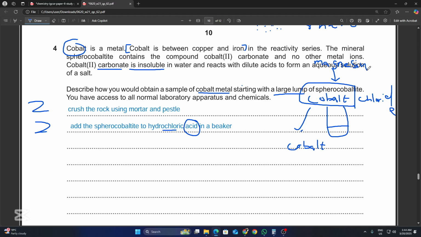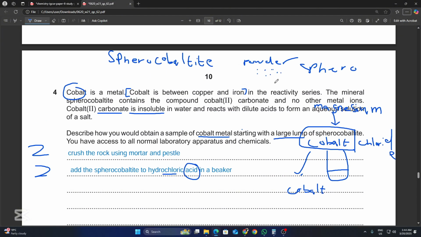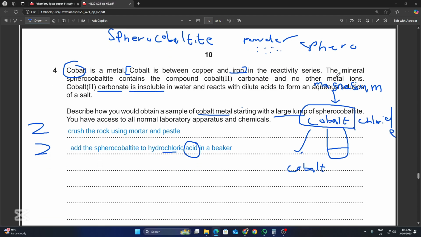Magnesium is one of the most reactive metals. But you can even say iron or zinc or anything that is more reactive than cobalt. So magnesium will react with cobalt chloride, it pushes out cobalt, it becomes magnesium chloride, and then also cobalt on its own. Sorry, cobalt is Co.